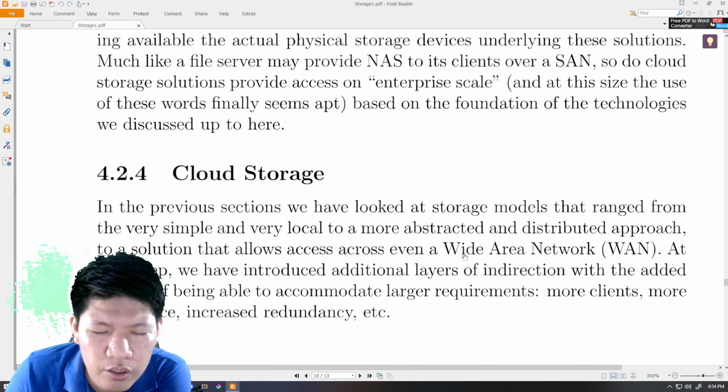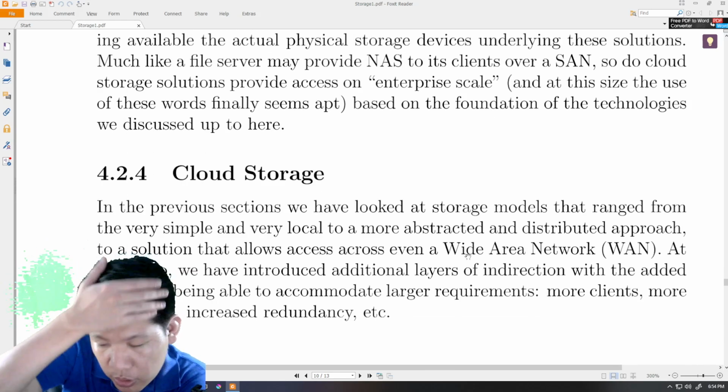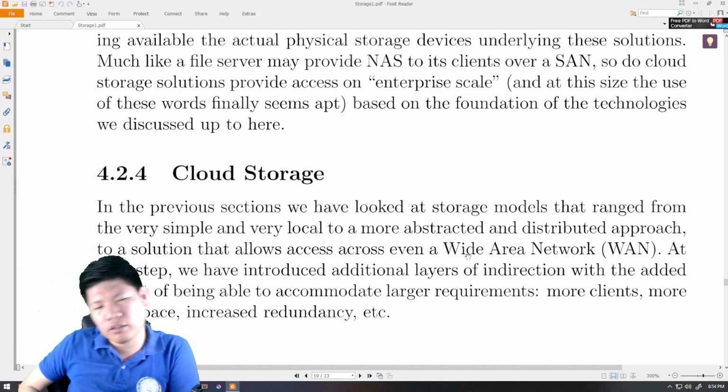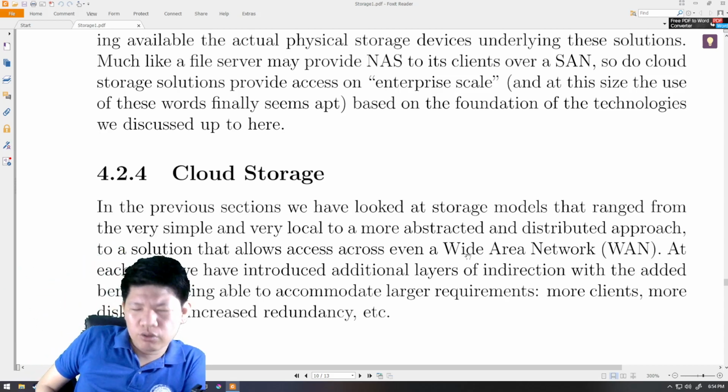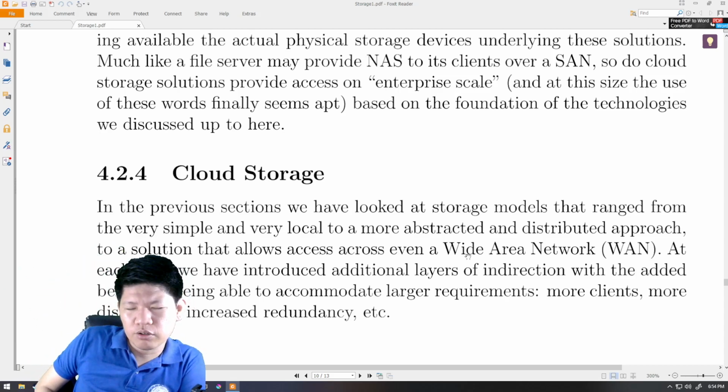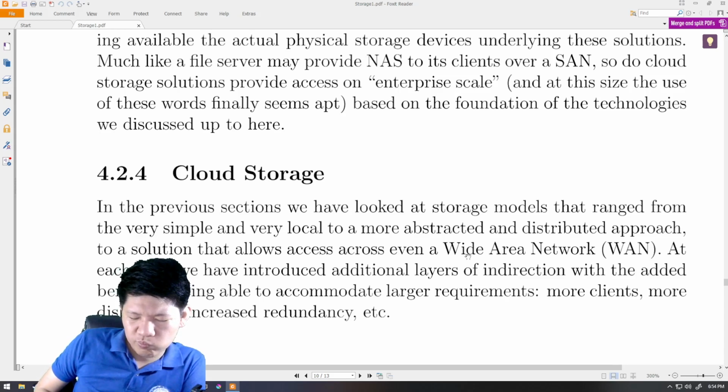For the concept of cloud storage, it is somehow like network attached storage plus the capability of shutting down. That's a big problem.